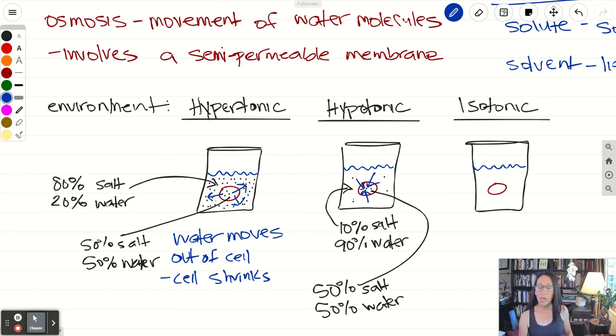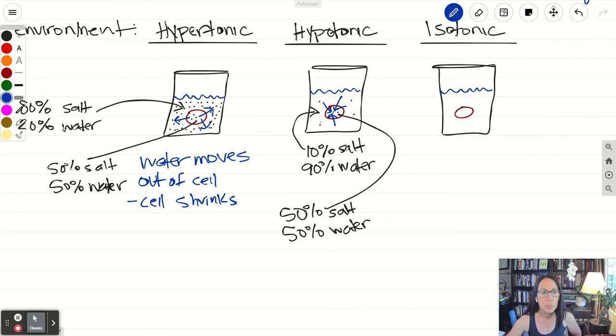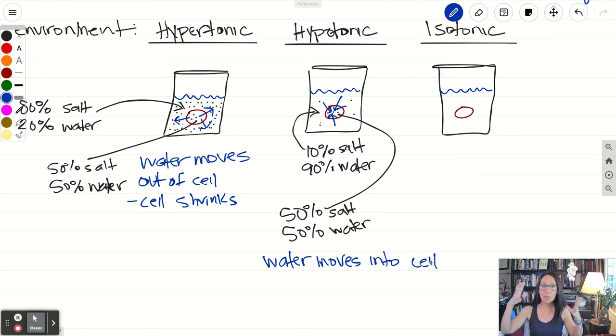Sometimes so much water rushes in that the cell bursts open. That's called lysis, when the cell bursts. So I'm going to write down underneath here: water moves into the cell, and the cell swells up.